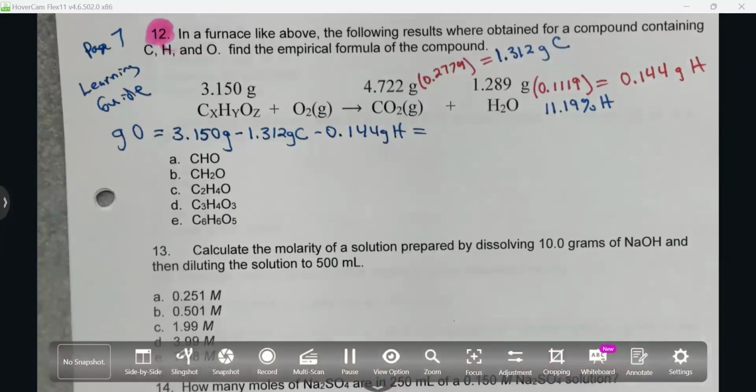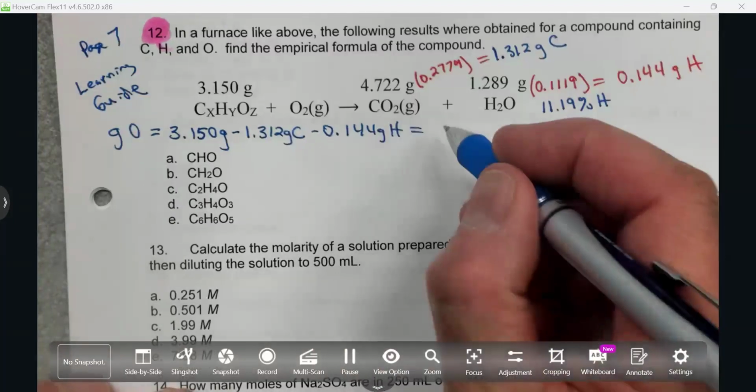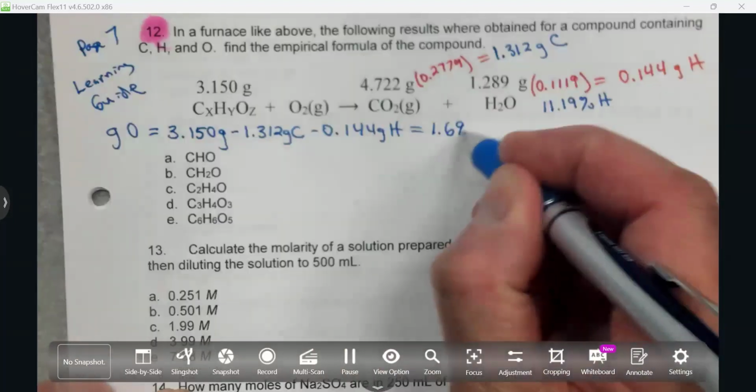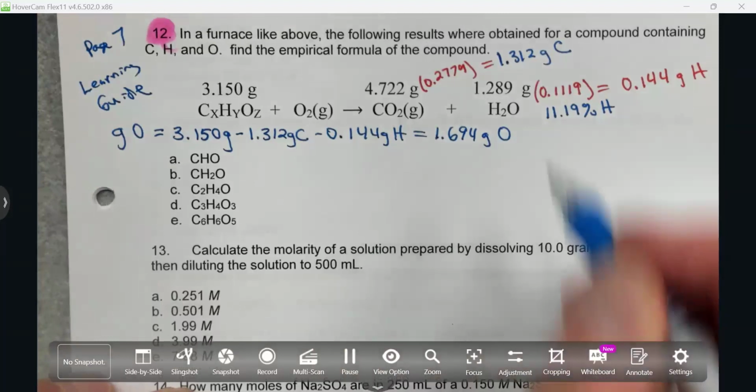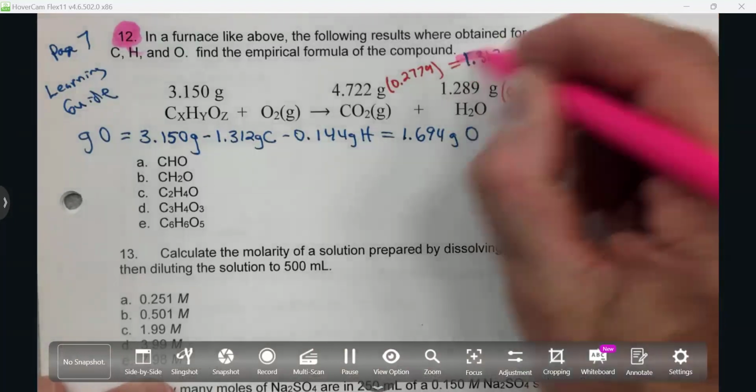That gets our grams of oxygen to be 1.694. So now we have grams of everything.